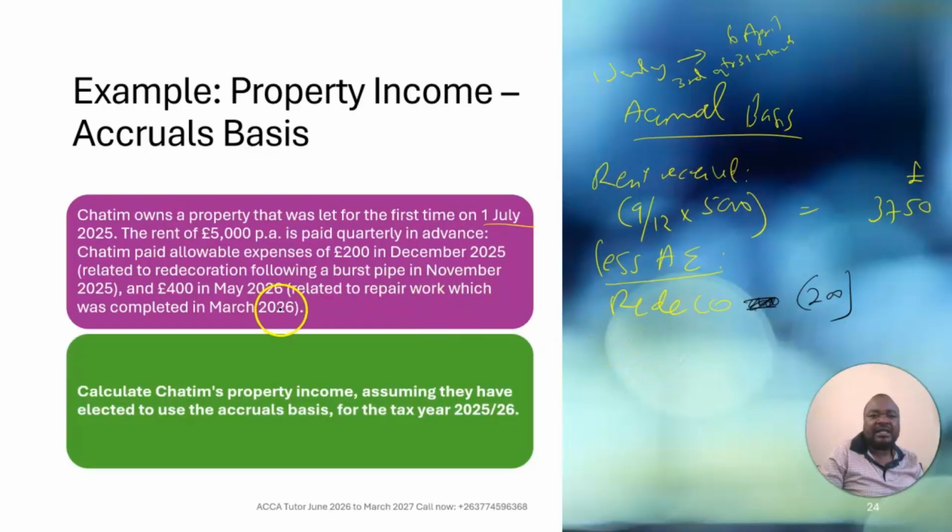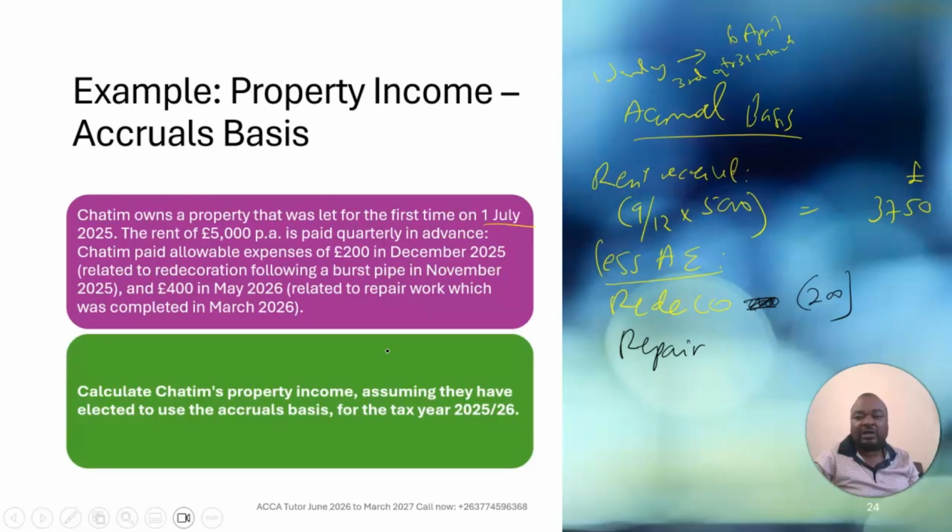Then the 400 related to repair work, which was paid in May, but it related to repair work which was completed in March.